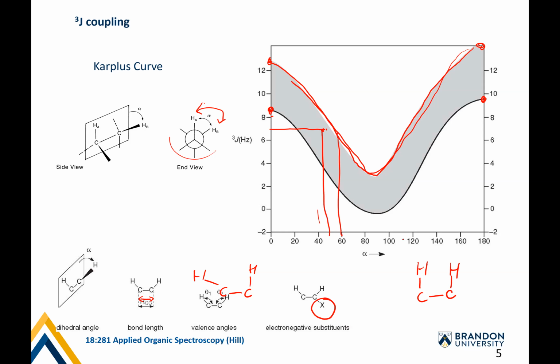Or are the protons at 90 degrees? That would be a low value down here. So yes, this dihedral angle is important. It's a really neat equation which actually will explain quite a bit.